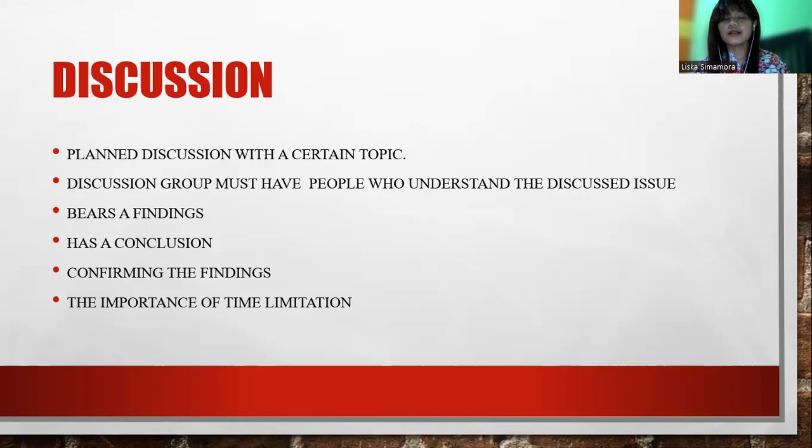And you will hold another group discussion. For example, previously you only had 4 to 5 classmates in one group, but when you do confirming the findings, it means you have to invite 1, 2 or 3 people present, maybe from stakeholders like an entrepreneur or policymaker or farmers.